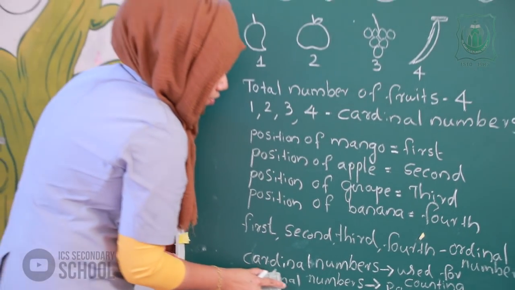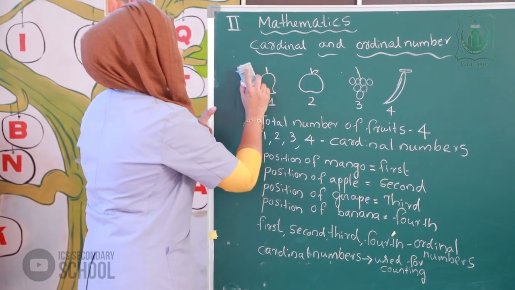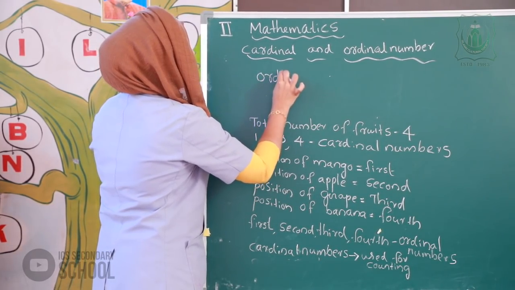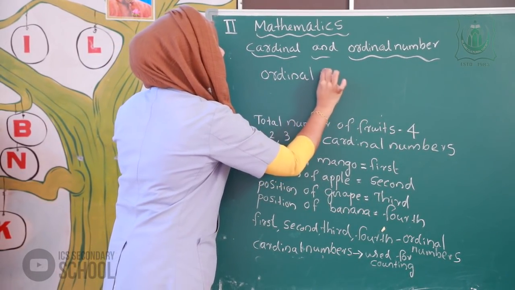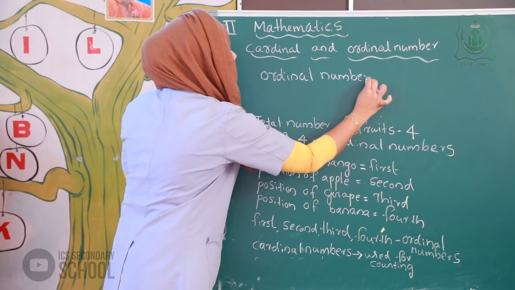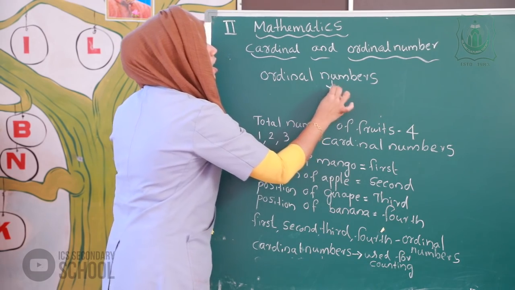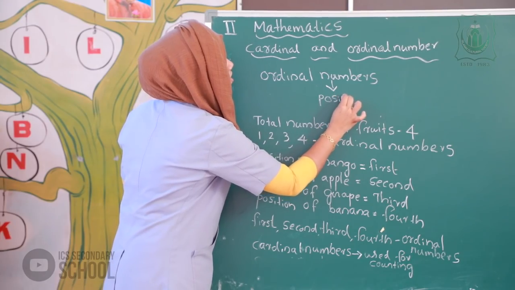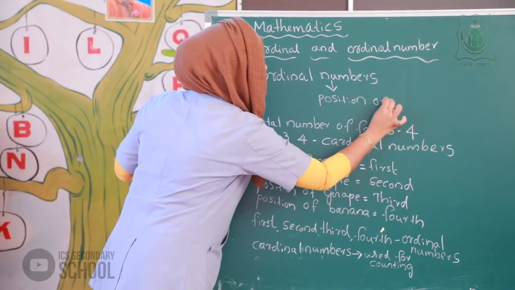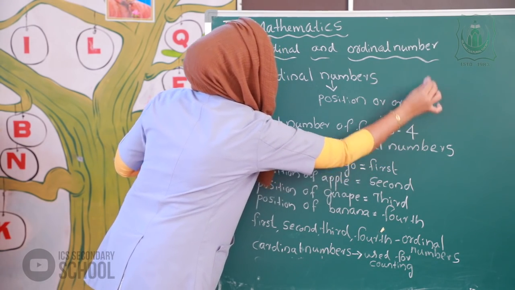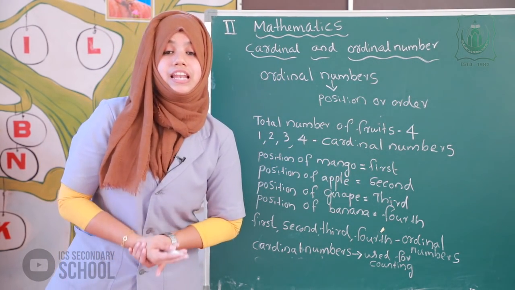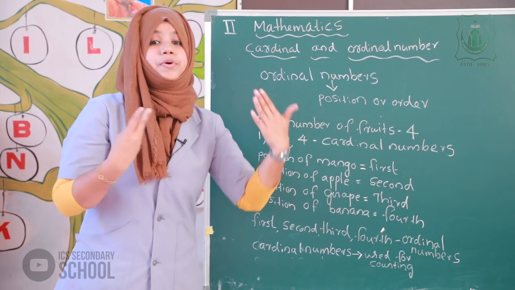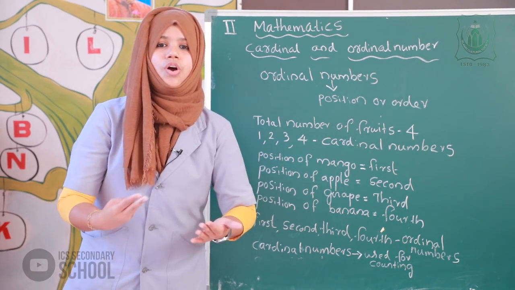Sorry, I have no space here, so I will write here. The ordinal number means position or order. So, do you get it? The cardinal numbers are the numbers used for counting, and the ordinal numbers refer to the position or order.